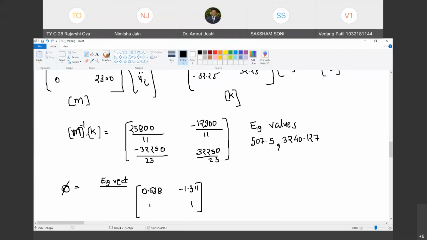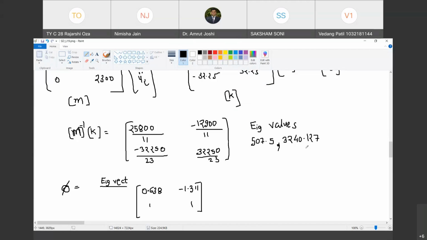Once we calculated the eigenvalues and eigenvectors, the first thing we have to do is arrange the eigenvalues in ascending form. The lowest eigenvalue is 507.5 and the next eigenvalue is 3240.127.